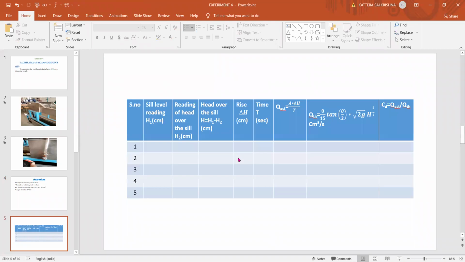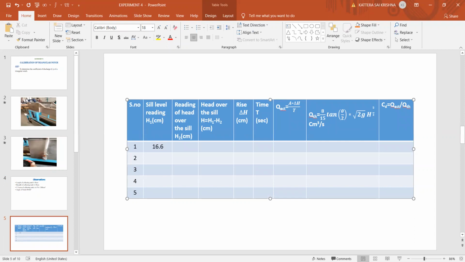Next we'll start the tabular column calculation part. First we have taken our sill level reading for the initial step, before the water starts to flow over the V-shaped notch above the sill level. Before water starts, the height from the scale reading is 16.6.